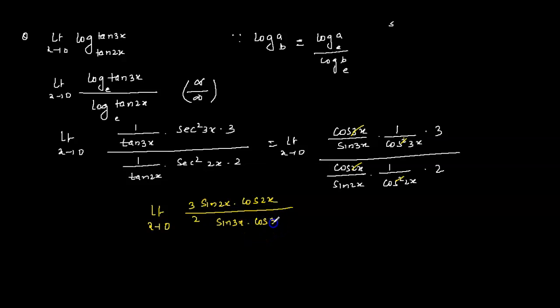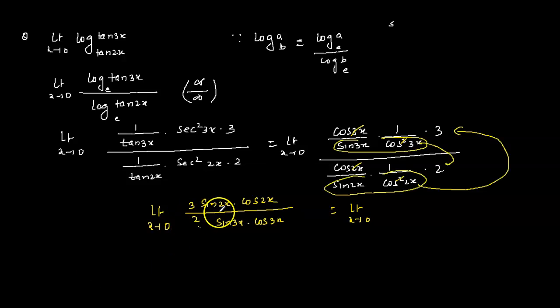If I multiply by 2 in the numerator, I have to divide it by 2 also, so the denominator becomes 2 into sin of 3x into cos of 3x.